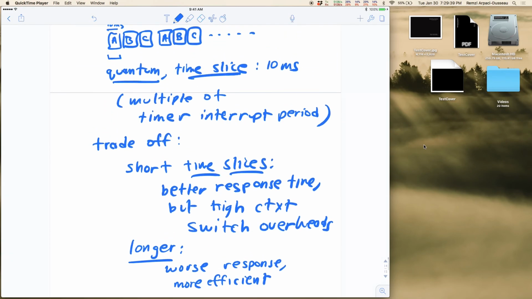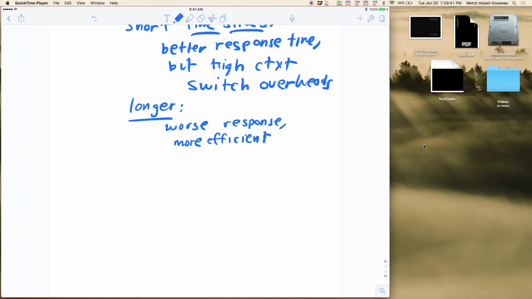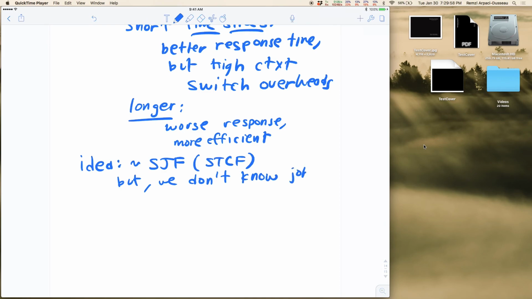So what do we have now? Actually, what we have now are a bunch of ideas. We have the idea that we generally like to do something like shortest job first, or shortest time to completion first, but we don't know job lengths. And we'd like to care about response time because that seems like a nice thing, not just turnaround.